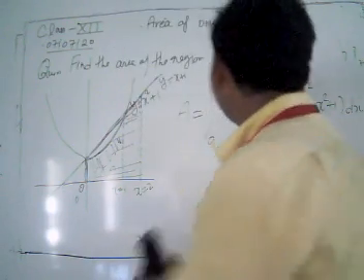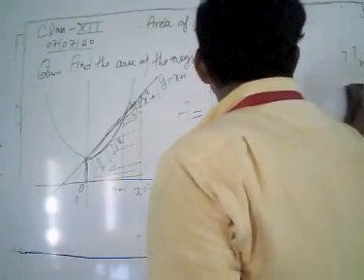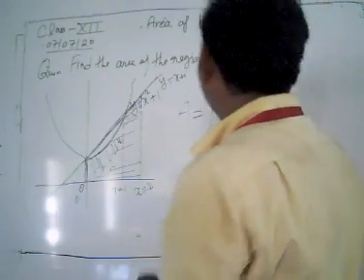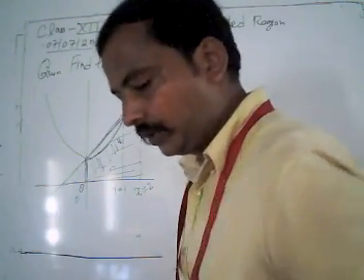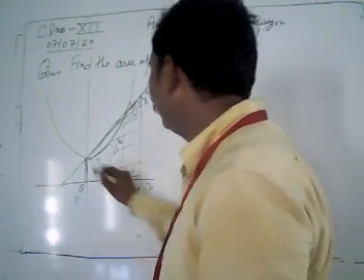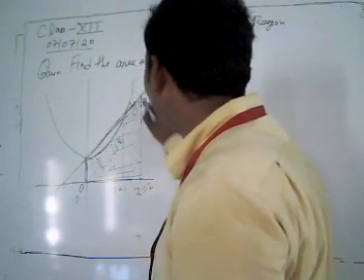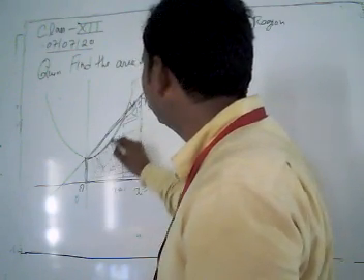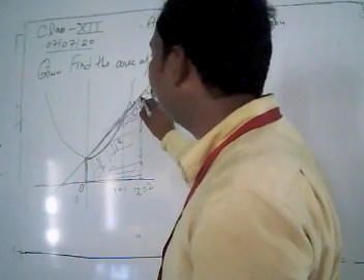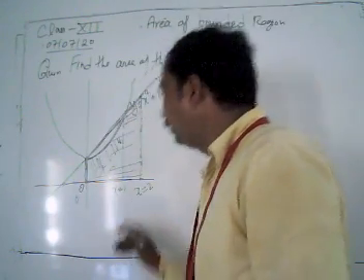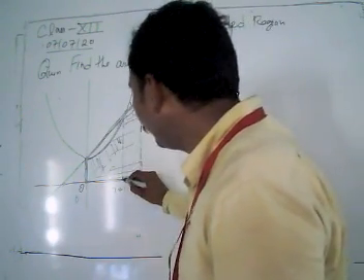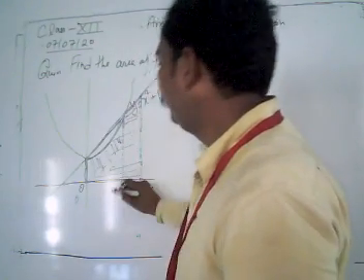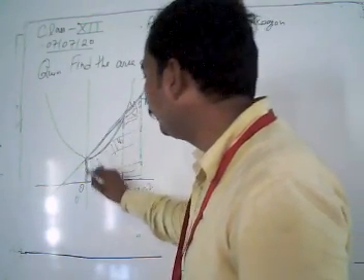Now look, we have to change the limit. That's my apology to you. To get this area, we have to find the area between x equal to 1 and this. First of all, we are going to find out this area.